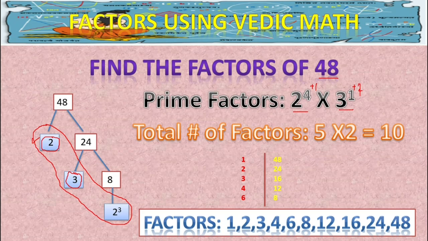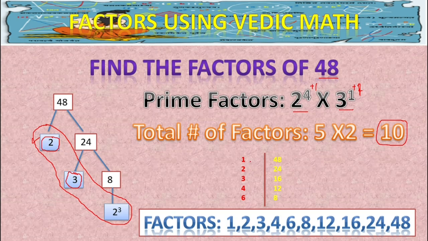So this is 5 into 2, 10. Now I can simply say the number of factors available for 48 is 10. There are in total 10 factors available for the number 48. And now the question is, what are they?